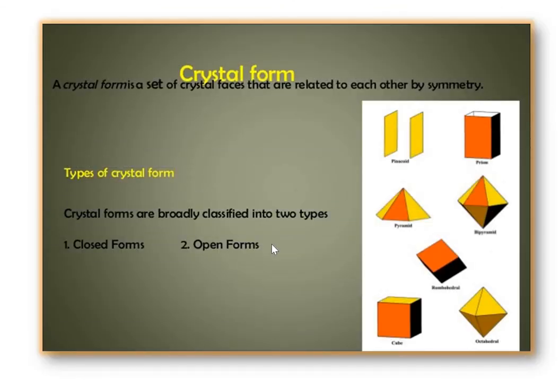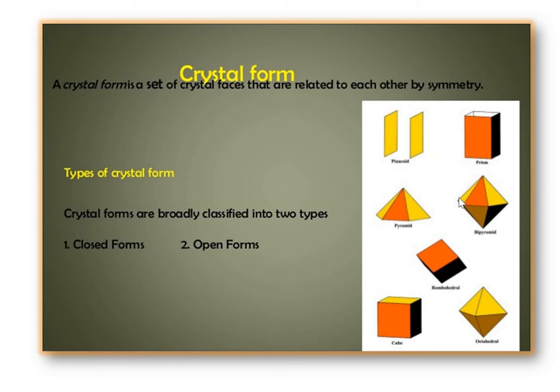Now, see here the crystal forms. Actually, a crystal form is a set of crystal faces that are related to each other by symmetry. These figures indicate the different forms of crystals.